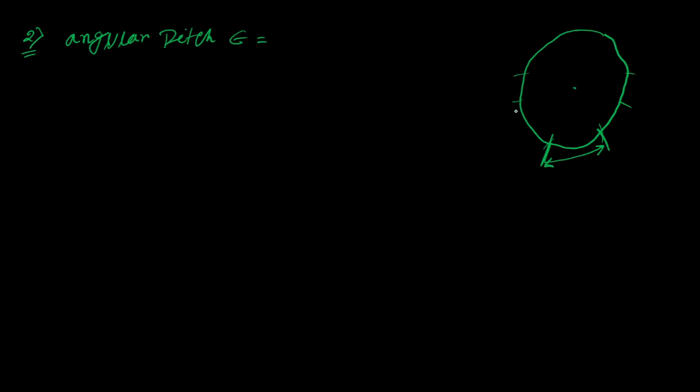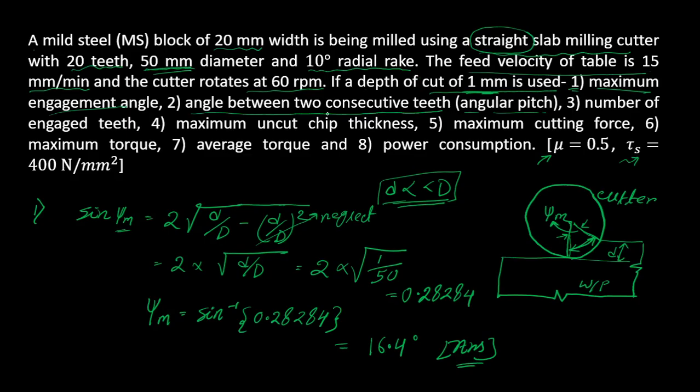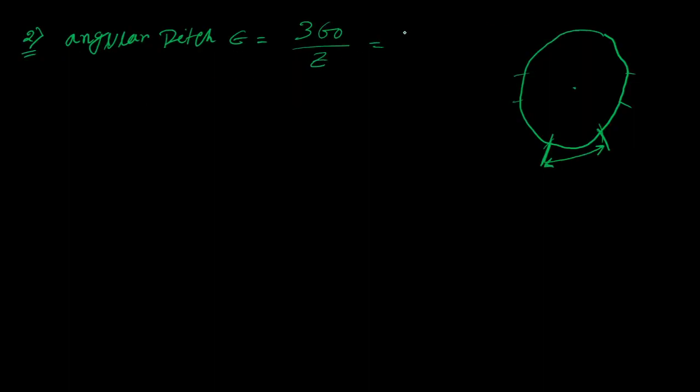This 360 degrees is covered by the number of teeth, which we denote by Z. Here the number of teeth is 20. So this is the angle between two consecutive teeth.